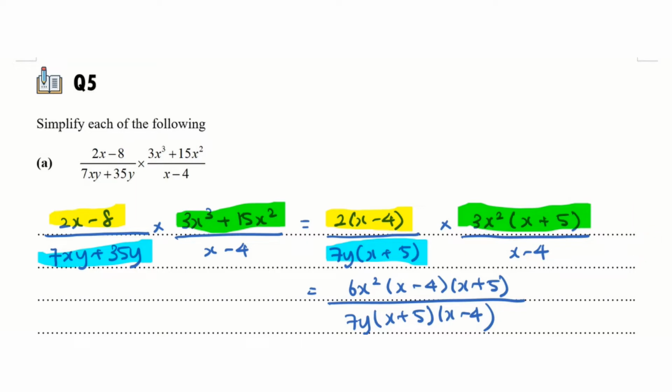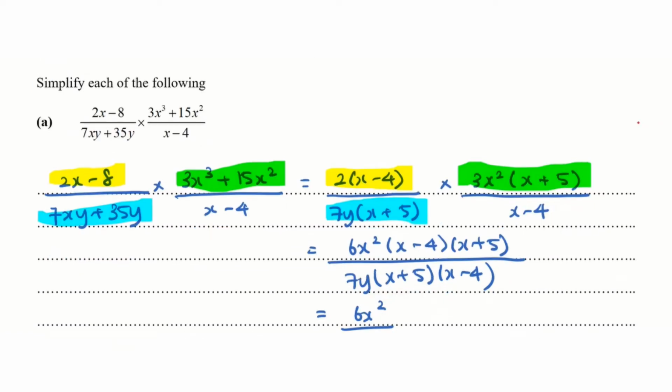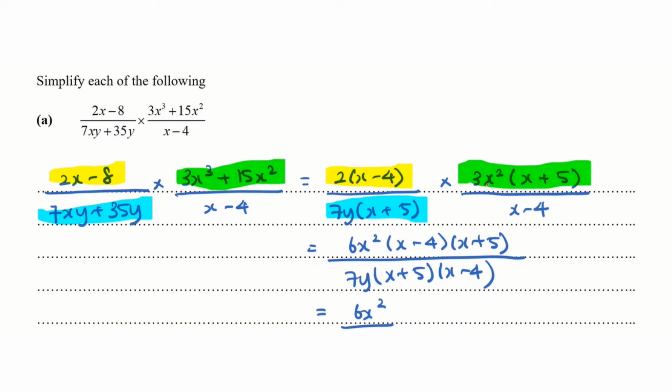Then we proceed with multiplying the numerator and denominators respectively. Hence, we get 6x squared, because 2 times 3x squared will give us 6x squared, times x minus 4 times x plus 5. And in the denominator, take note that this x minus 4 is actually together, so therefore we have these brackets over here.